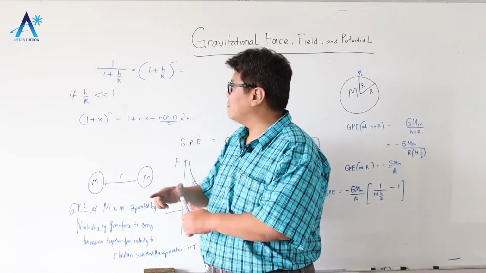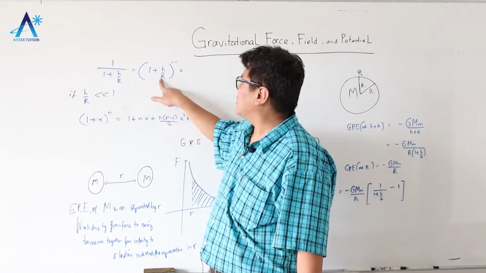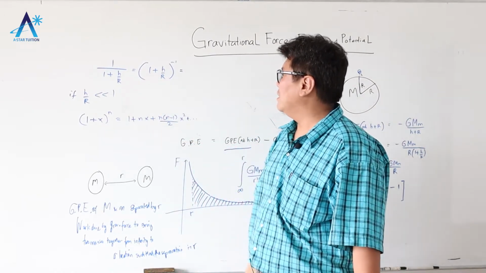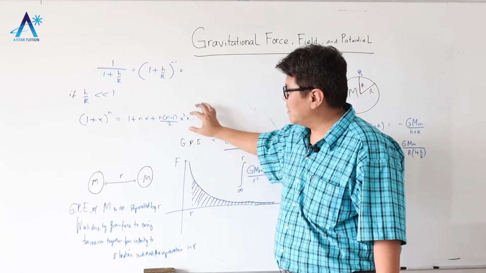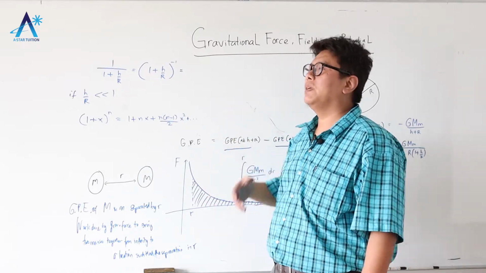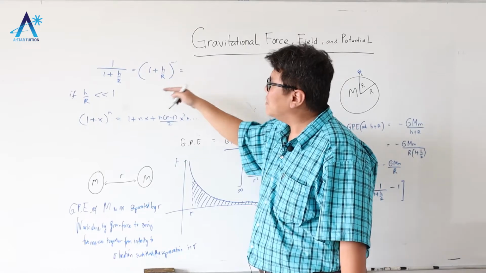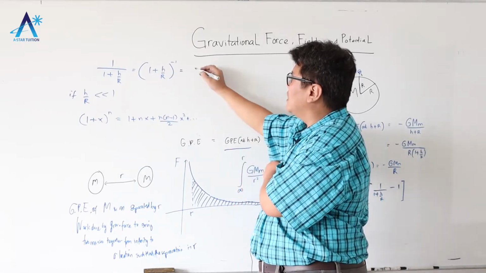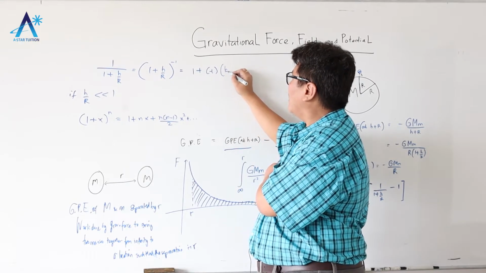However, since x is much less than 1, each term is much smaller than the one before, so we only need to look at the first few terms, because the increasing power of x makes it smaller and smaller and insignificant. So 1 plus h over r to the power minus 1 gives you 1 plus n times x, where n is minus 1 and x is h over r.